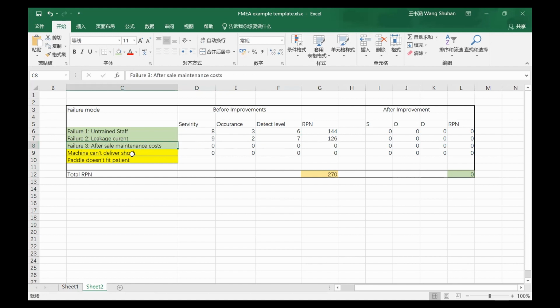Okay, for failure 3, after-sale maintenance cost, I'm a little confused about what we could expect of this kind of failure to influence the failure of this total device. But this is a good point. Let's say, if the maintenance cost is high, how severe will that be a problem?